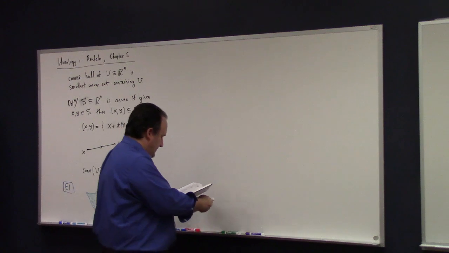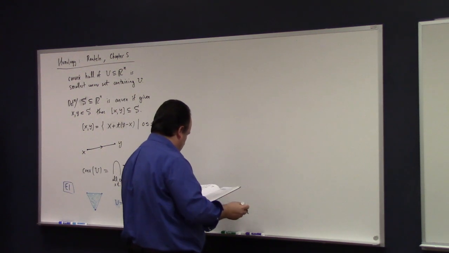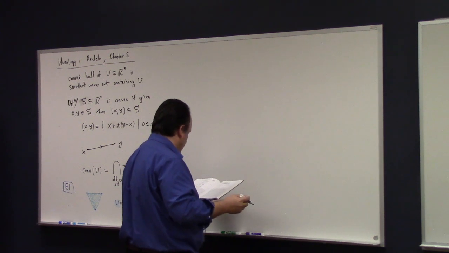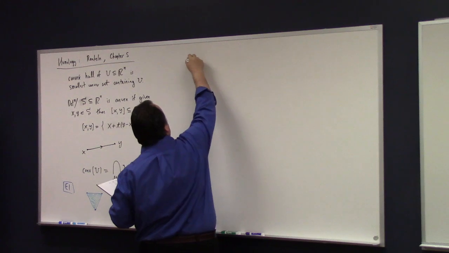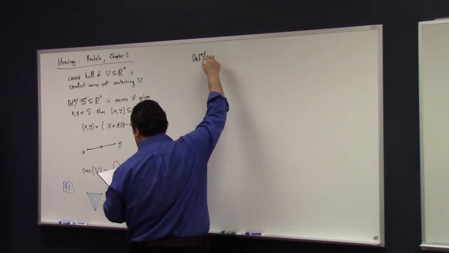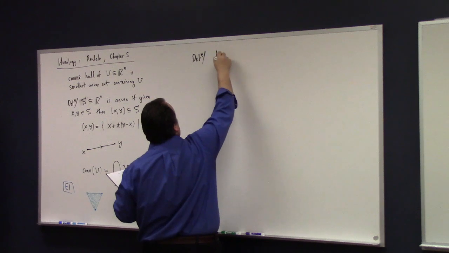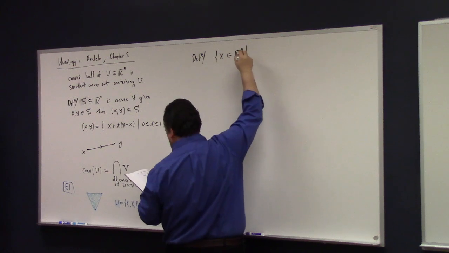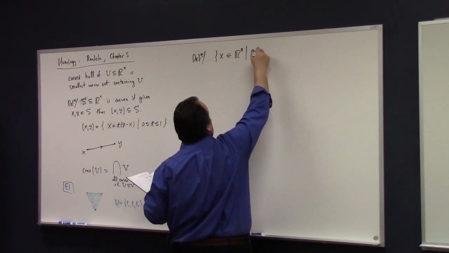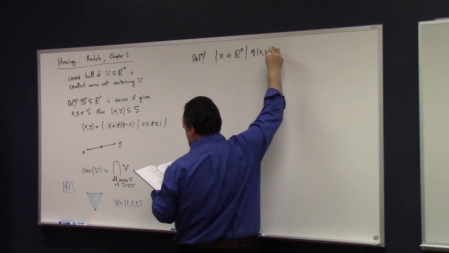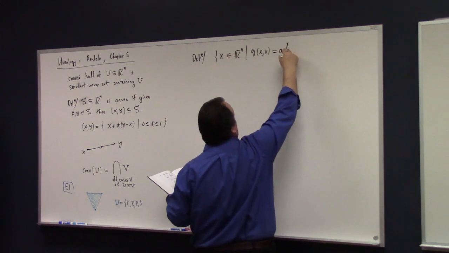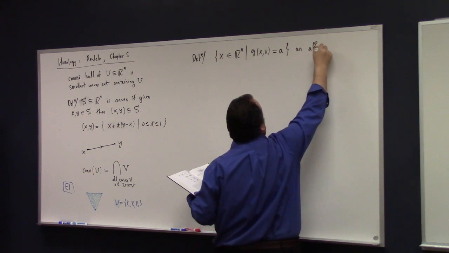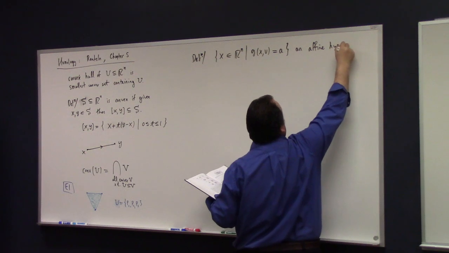Move on here. Let v be an element of Rn and a in R, g the usual Euclidean metric. Okay, so here's the next definition. If we have the set of x in Rn such that g(x, v) equals a, this is an affine hyperplane.